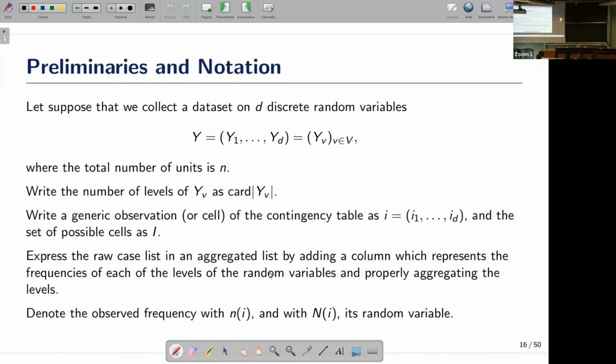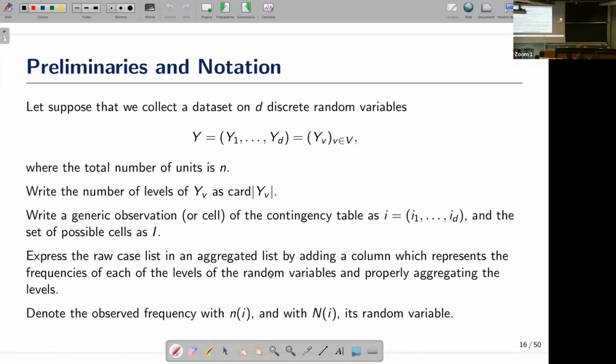Then you have a generic observation of your contingency table represented as I1 up to Id. I will show you an example in R, just to be clear. And then you can express your raw case list as an aggregate case list. What do I mean?